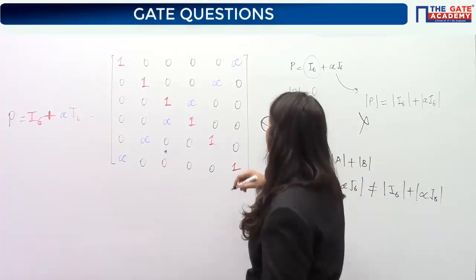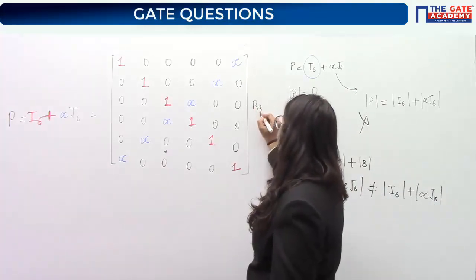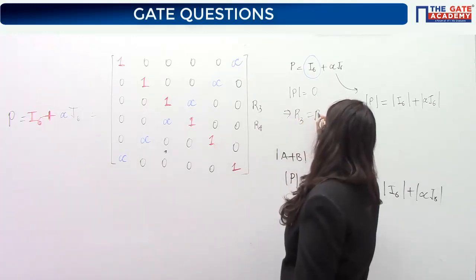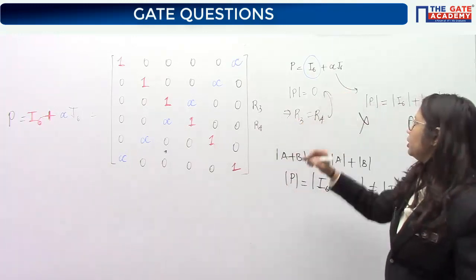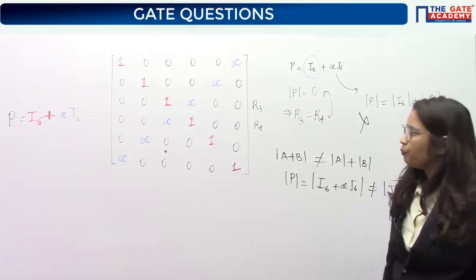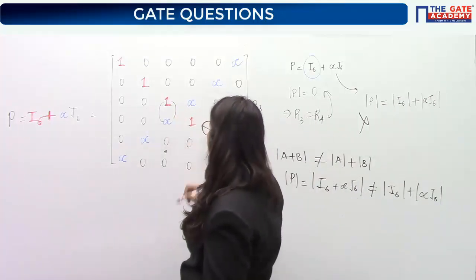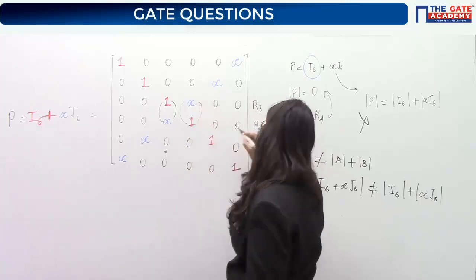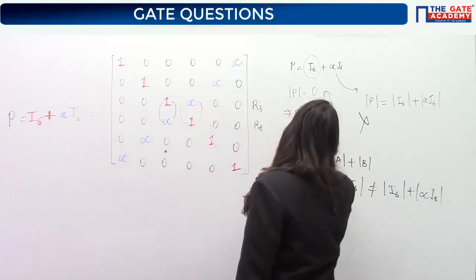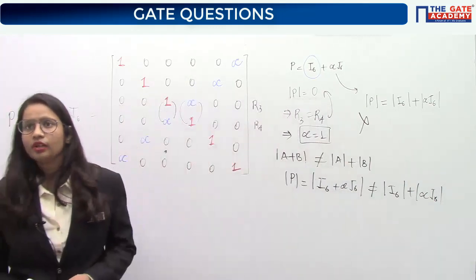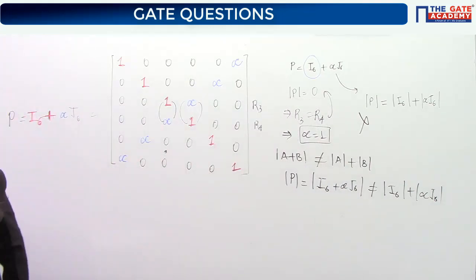So if I say, let's say this is R3 and this is R4, then if R3 becomes equal to R4, this determinant will turn out to be 0. Now when will this happen? When this alpha and 1 are the same, and again this alpha and 1 are the same, so this implies that alpha should be equal to 1.